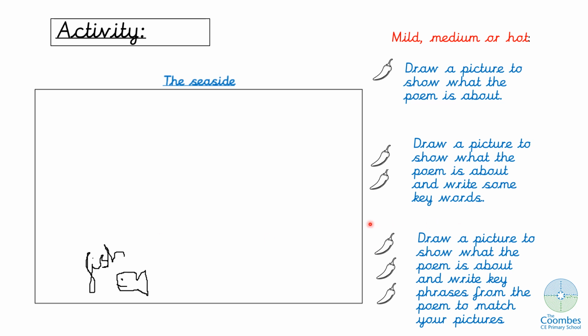If you decide to go for the hot level of challenge on this task, I'd like you to draw a picture to show what the poem is about and write key phrases from the poem to match your pictures. So instead of just writing the word fish for my drawing, I might write the phrase from the poem.